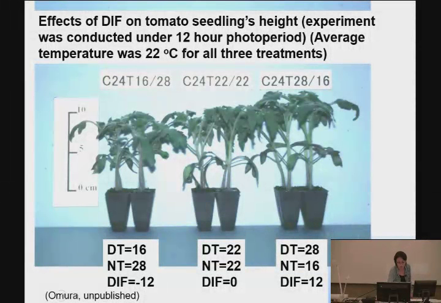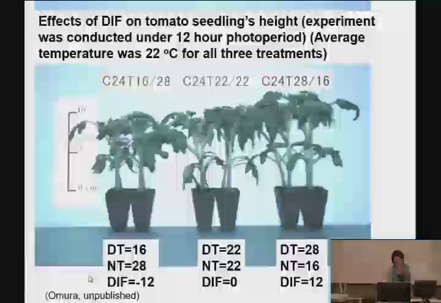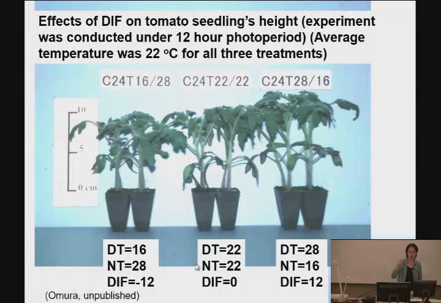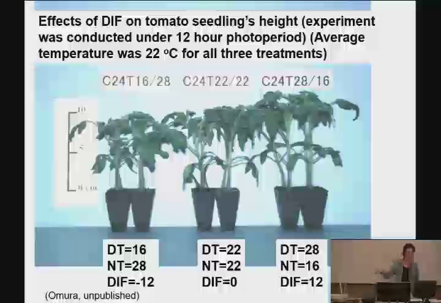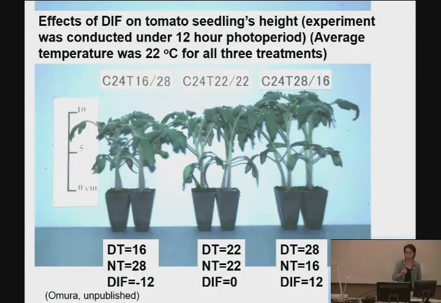But this one is minus 12 diff and 0 diff and positive 12 diff. And this one was designed so that average temperature is equal, so that separating effect of average temperature from the diff influence. So that's one way to design the experiment. And then I usually pay attention to those things when we design the experiment.